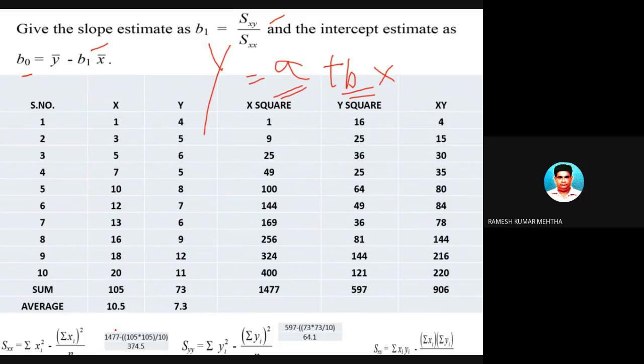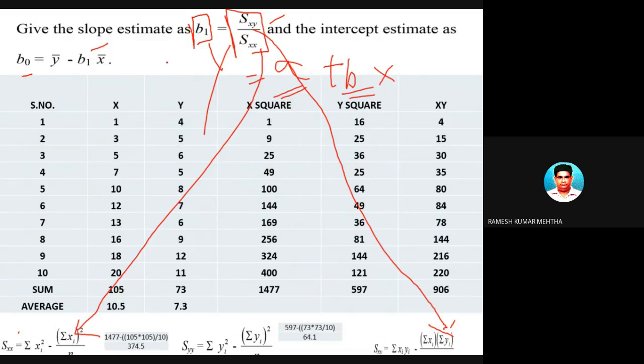Okay, so let's talk about this one. Because if I want to find out the regression, I have to use this formula. Now the formula is in front of you. The numerator formula is this, and the denominator formula is this.